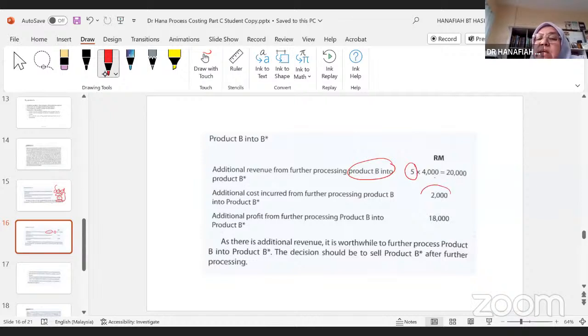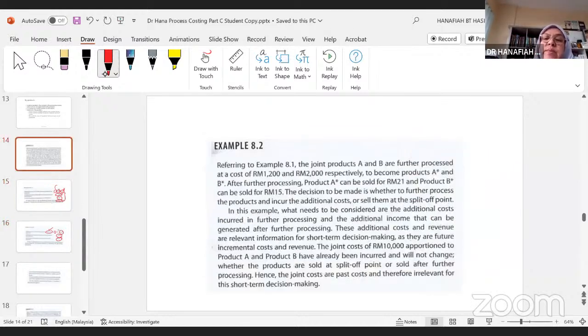They only incurred 2,000, but they earn 20,000, which is 18,000 of extra revenue. So you can continue to further process product B, but stop at the split off point for product A. Do not go to further process. All right?